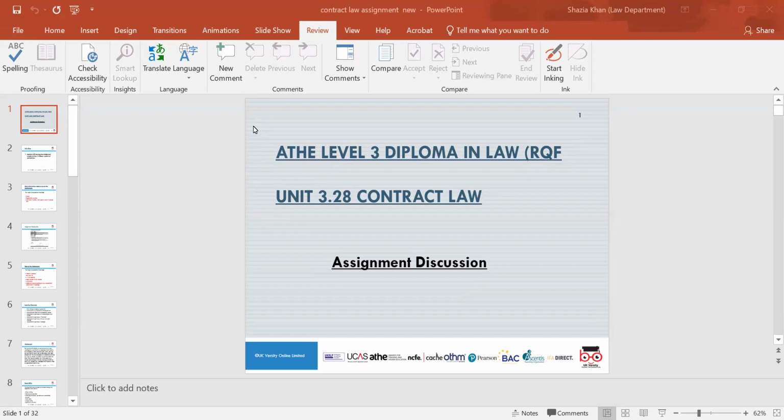We looked at how contracts are a huge part of everyday life. For example, if we go into a shop, we buy something, we go into a restaurant, we pay for food, employees exchange their work for a salary. So there are different elements of everyday life where we use a contract.